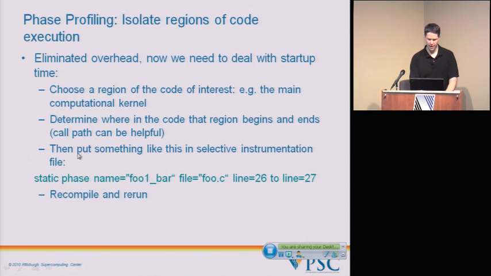And the way that you would do that is by putting something like this in that selective instrumentation file. So you would have static phase, and then here you specify the name. So the name of this phase would be this, and then you just tell it which file to look in and the lines in that file that you want to define that phase.